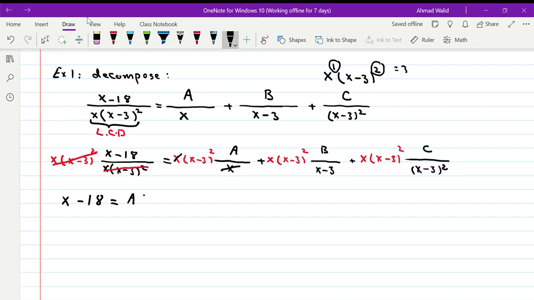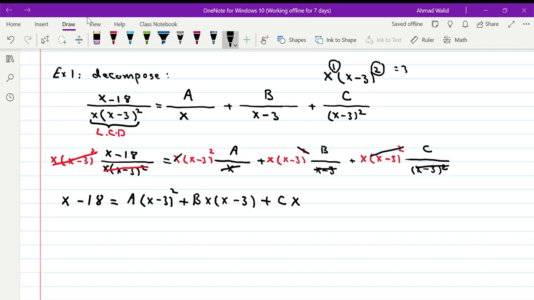A times x minus 3 squared, plus, here x minus 3 cancels out with one of the x minus 3's, what's left? B times x minus 3, plus x minus 3 squared cancels out with x minus 3 squared, what's left? C times x.